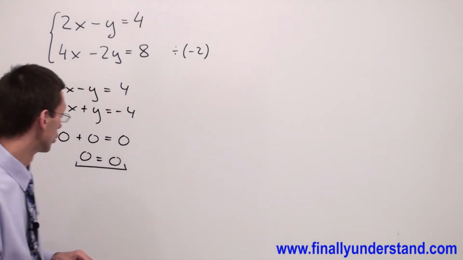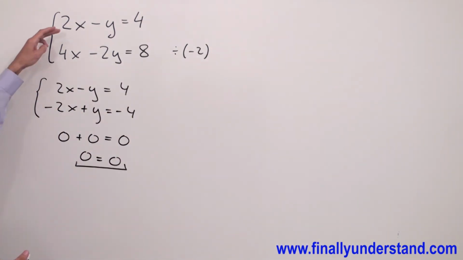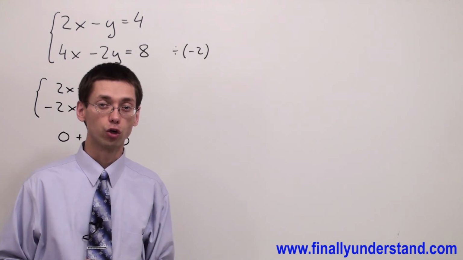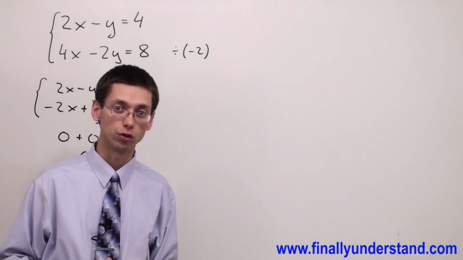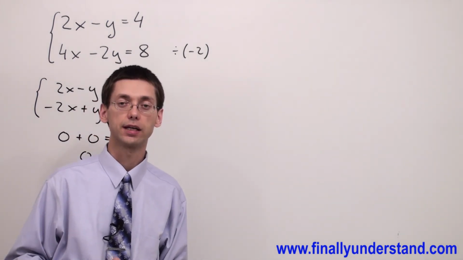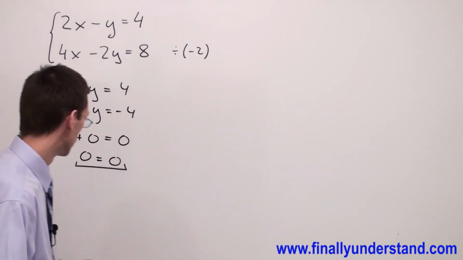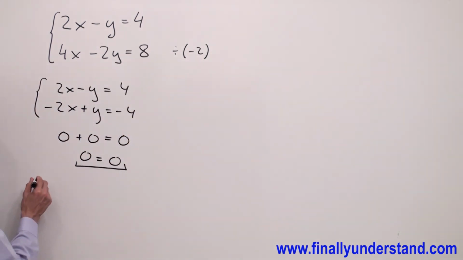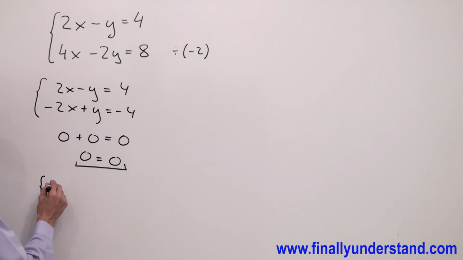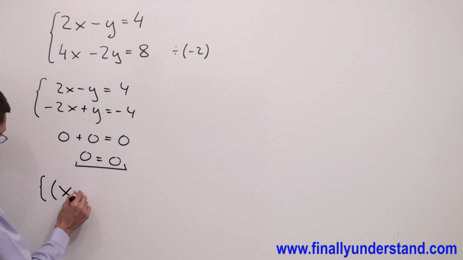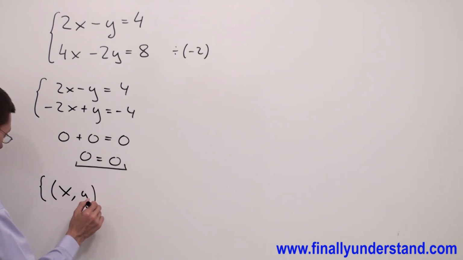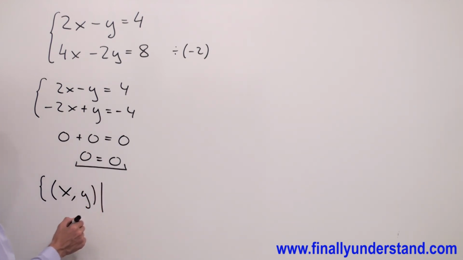So we also say that these two equations are dependent. The solution set consists of all ordered pairs that satisfy either equation. So how am I supposed to write this down? I'm supposed to say that the solution is the set of all ordered pairs that satisfy either equation.